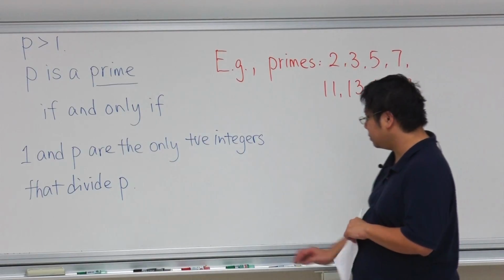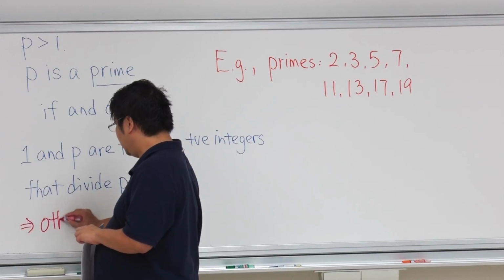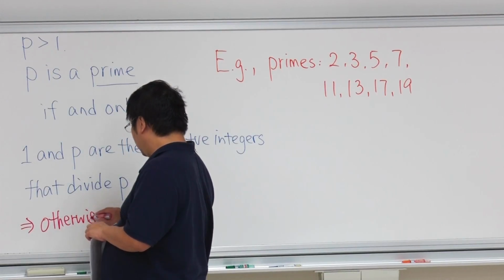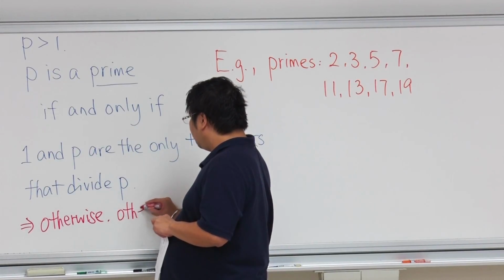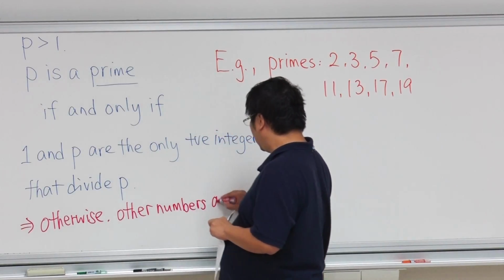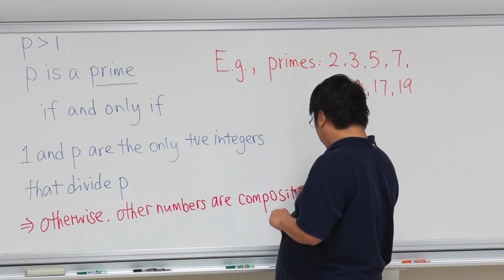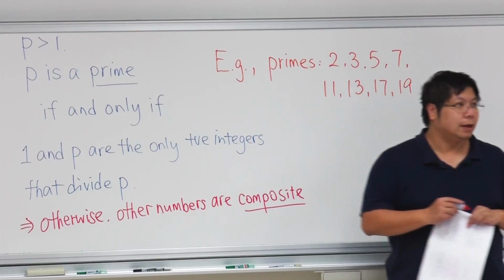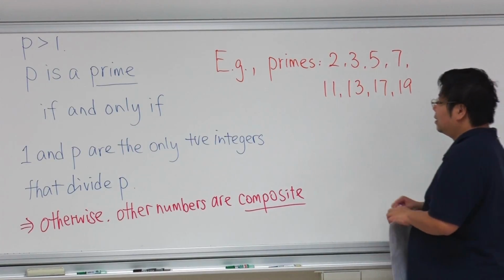Otherwise, the other numbers are called composite. But 1 is an exception: 1 is neither a prime nor a composite.